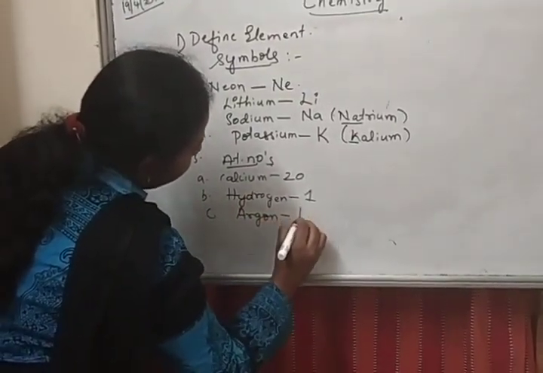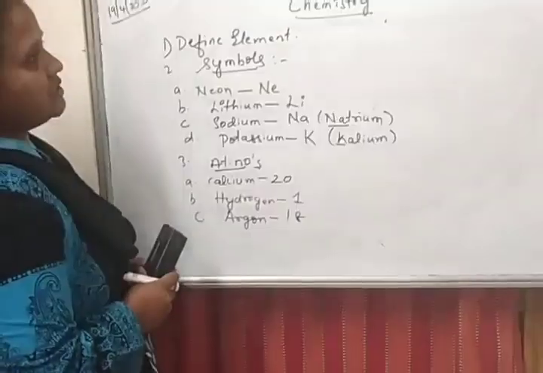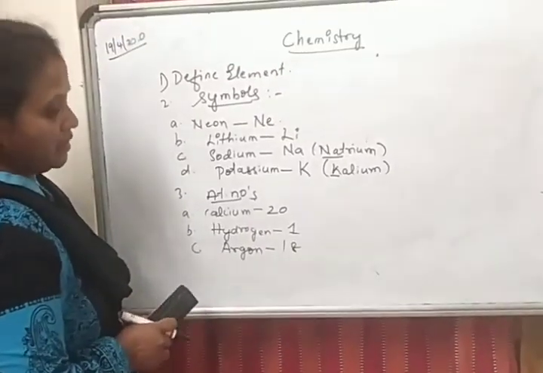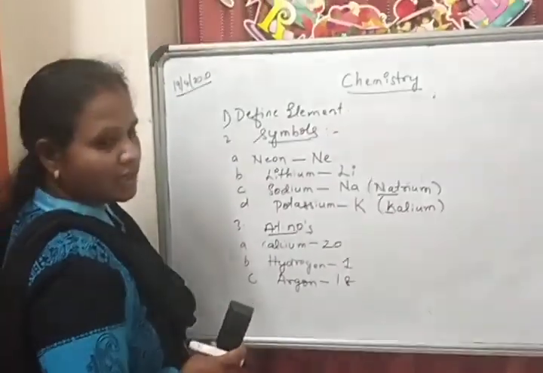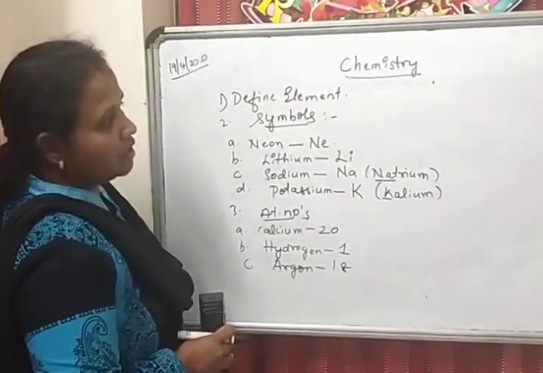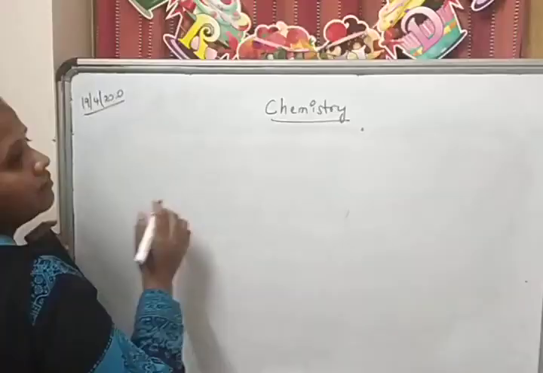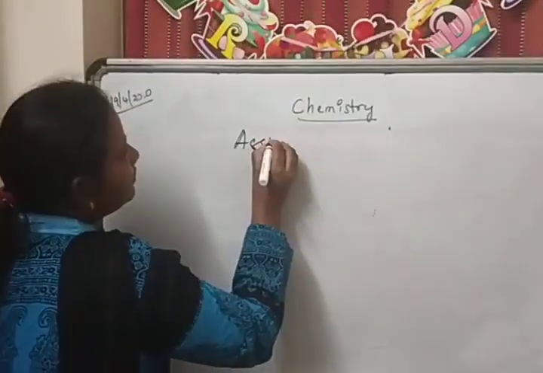It is 18. So these are the answers of the last assignment. Children, please read the given laboratory apparatus, practice the diagrams and write the use. Thank you, children. Take today's assignment, children.